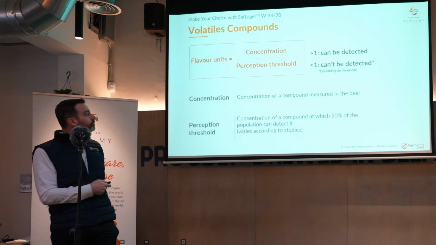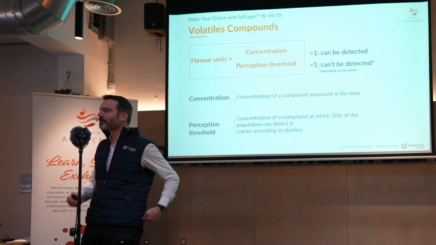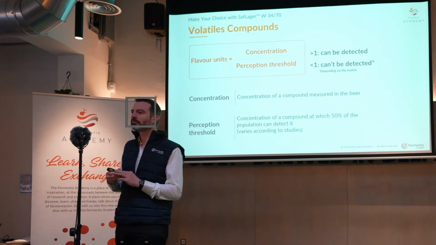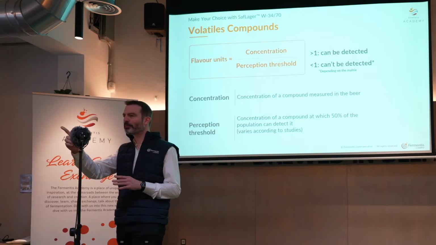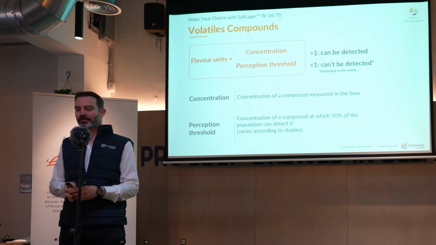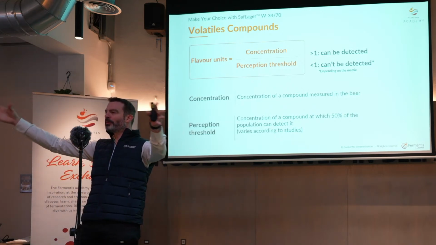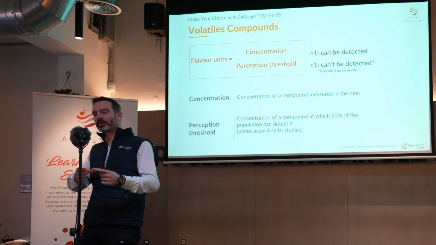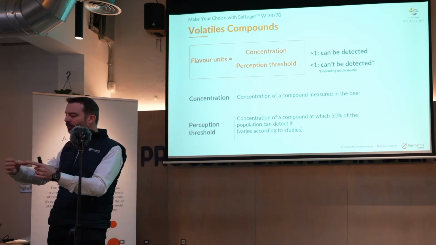Okay, let's have some fun. Do you know, guys, what is the threshold of a compound? Yes, one person knows. Good. So, you take a group of people like you, and we give you beer. The first beer has 0 of this compound. The second beer is a bit more, a bit more, a bit more.